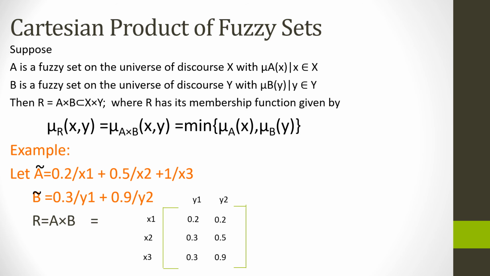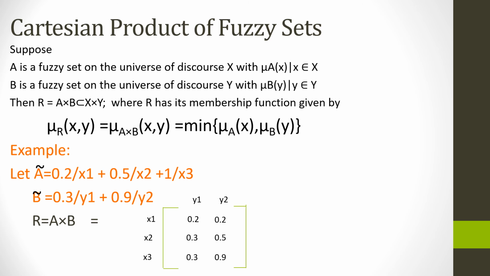There is a fuzzy set A consisting of the elements 0.2/x1 + 0.5/x2 + 1/x3, and a fuzzy set B consisting of the elements 0.3/y1 + 0.9/y2.